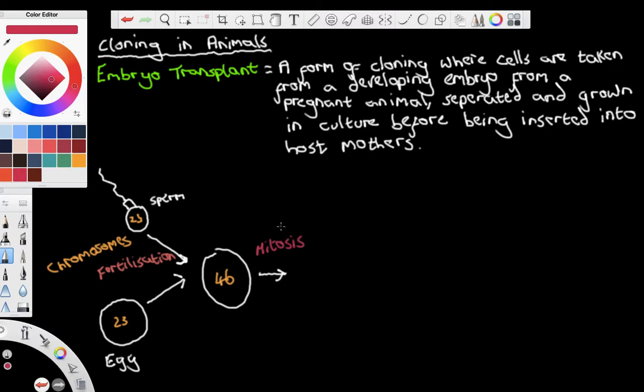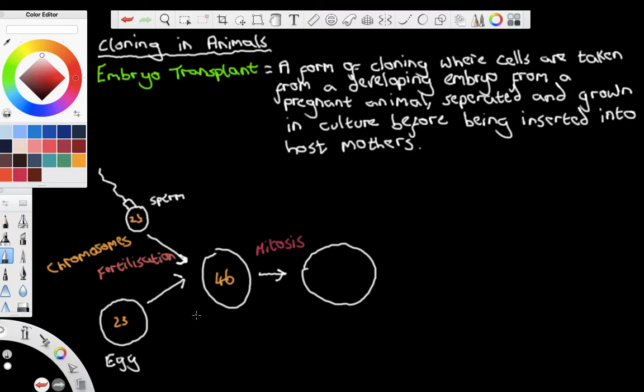Okay, we get mitosis. And what we get, let's imagine, for argument's sake, is 4 exact copies of the original cell.